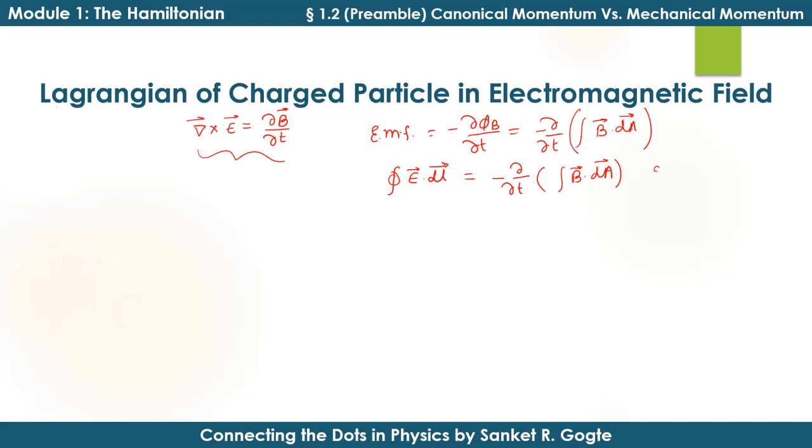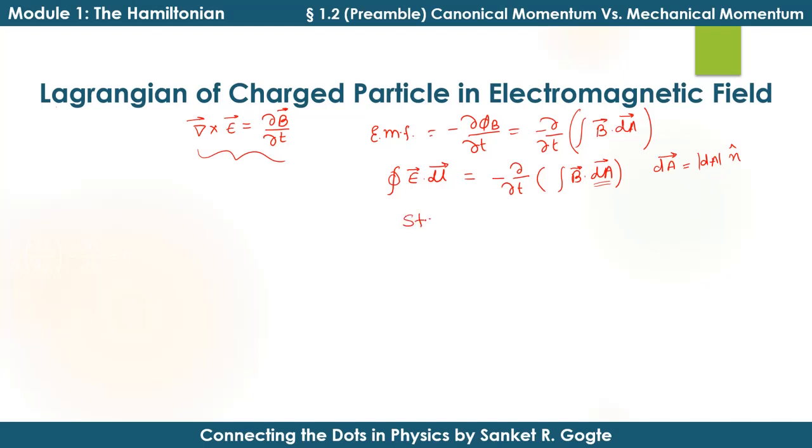Note here that this dA is the area element, which is the magnitude of the area that we are considering, multiplied by a unit vector perpendicular to the area, so that dA becomes a vector.